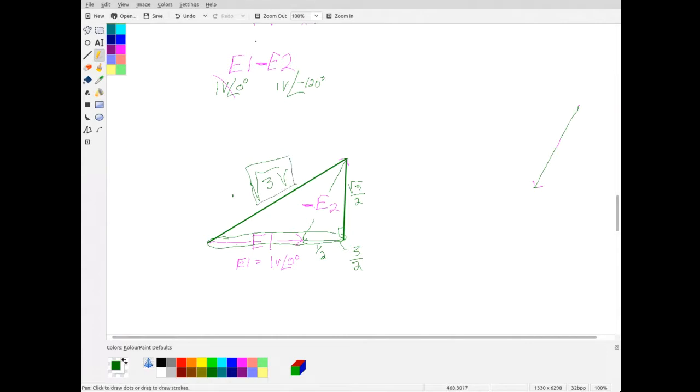All right. So if my voltage here was 1 volt, then when you add E1 plus E2, the magnitude of that voltage is the square root of 3. And the phase angle of this, remember the phase angle was 30 degrees. All right.